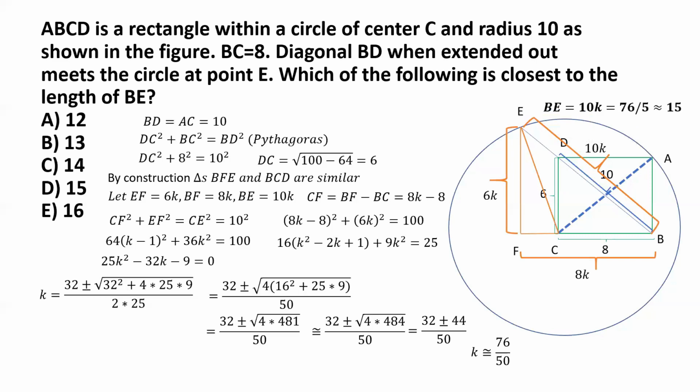So we can write BE equal to 10K, and K is 76 by 50, so 10 gets cancelled out, and we are left with 76 by 5. And when you approximate 76 by 5, 15 is a good approximation, because 75 by 5 is equal to 15. So that's how we approximate BE, and then going through all the options that are listed, the closest one is option D, 15. So the correct choice will be option D, 15.